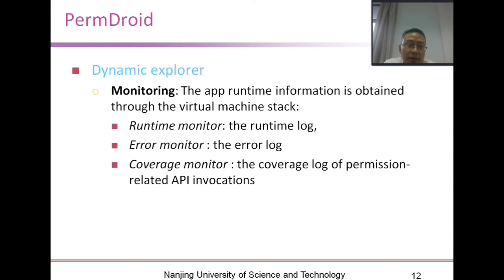And the last one is the coverage monitor. It monitors the target API invocations. It indicates whether some API invocations are executed. From this monitor, we can calculate the coverage information after testing.